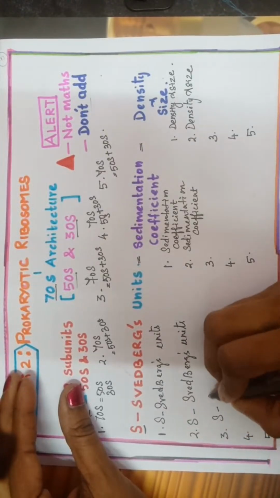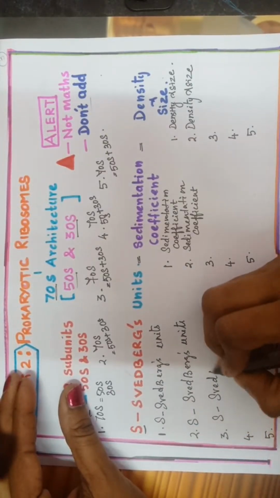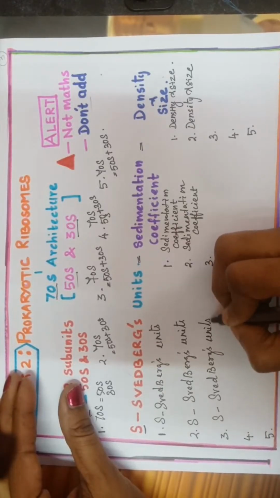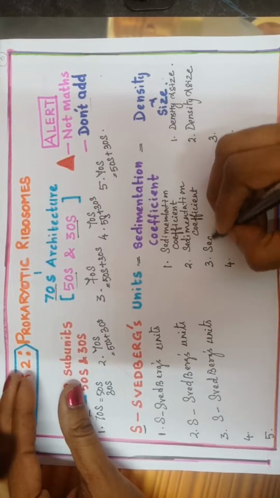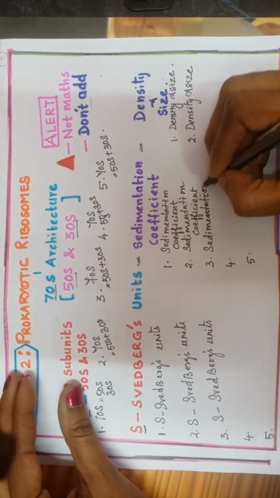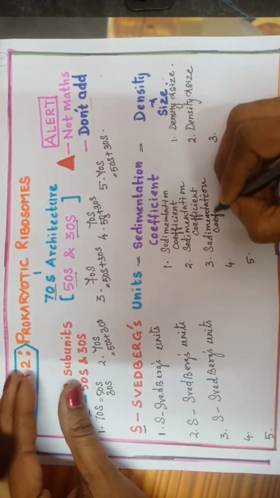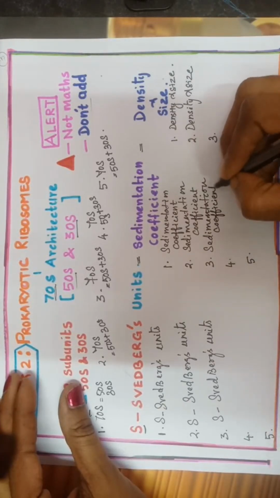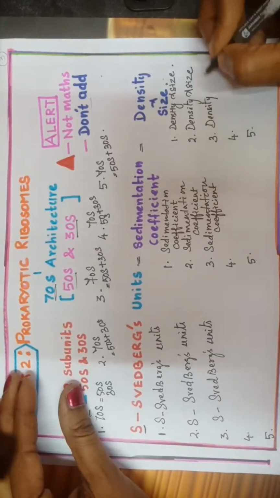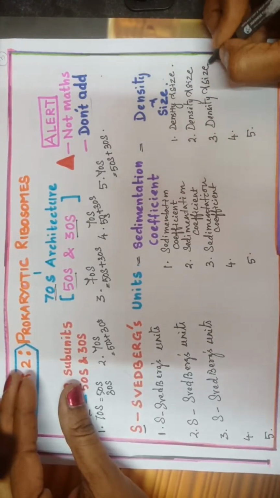S denotes Svedberg's units, which is a sedimentation coefficient, an indirect measure of density and size.